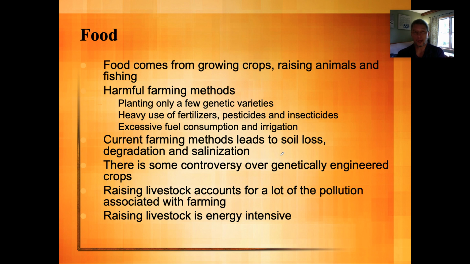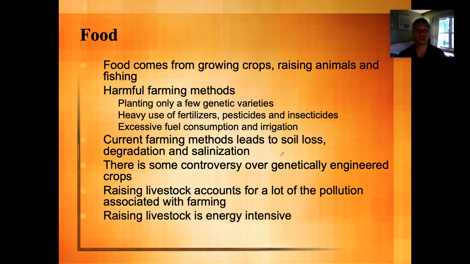Our food comes from several different sources: crops, raising animals, and fishing. And we, unfortunately, in many areas of the world, use harmful farming methods. We plant only a few varieties of crops. In this country, it's wheat and corn that are the big ones, although there are certainly others. But we use fertilizers, pesticides, and insecticides.